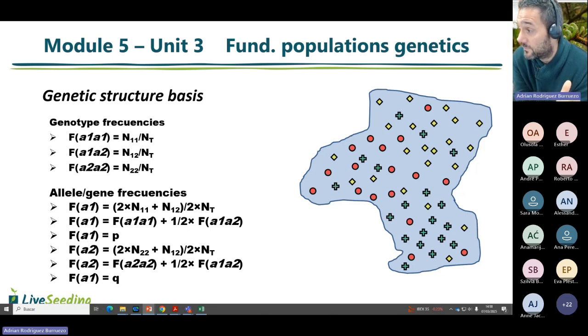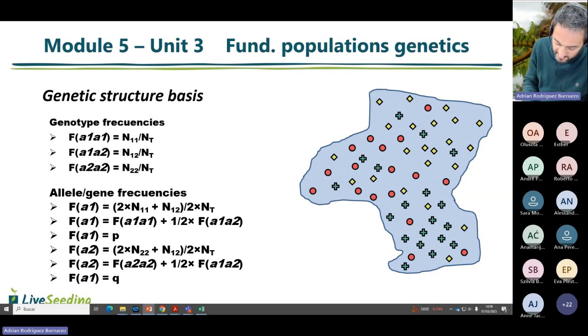This total amount of alleles A1 is divided by the total amount of alleles in the population, which is as simple as the number of individuals in the total population multiplied by 2, because each individual provides 2 alleles to the population. In this way, I can estimate the frequency of allele A1 as 2 times the number of individuals 1,1, 17, plus, only multiplied by 1, the number of individuals 1,2, which is 22.